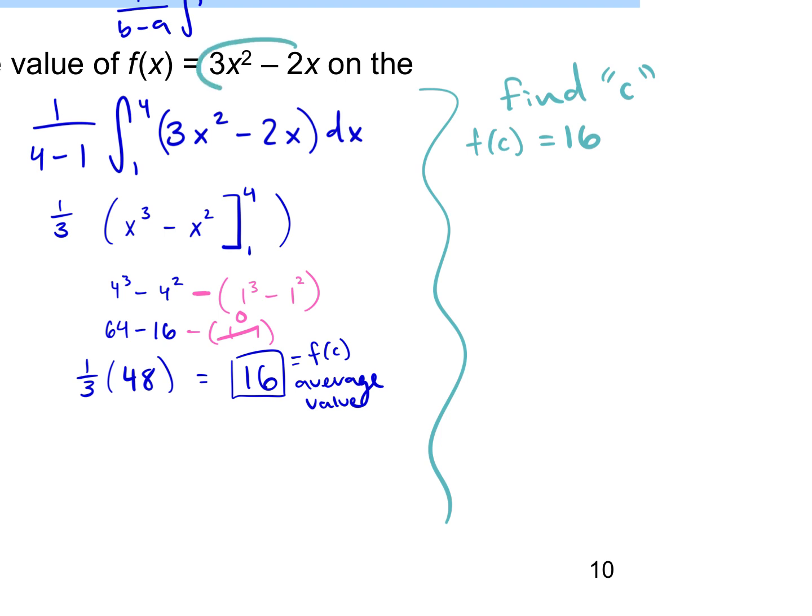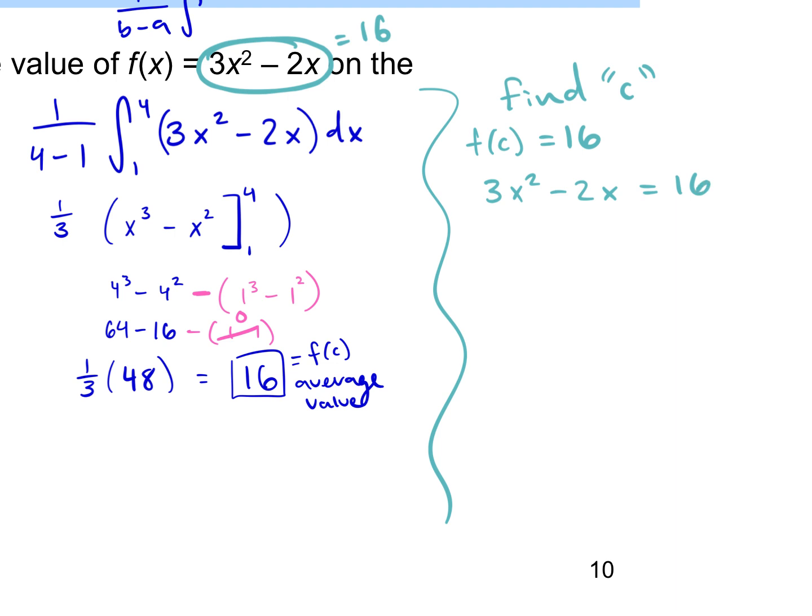So we would set 3x squared minus 2x equal to 16. Because this is f of x, if I found f of c, we could just plug c into the x's, but we're just looking for that value. So whether you wanted to call it x or c, it doesn't matter. I like to leave it as x's, but we're finding what value makes this equal to 16. So 3x squared minus 2x equals 16.